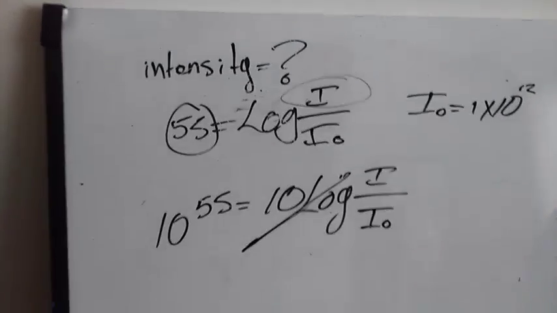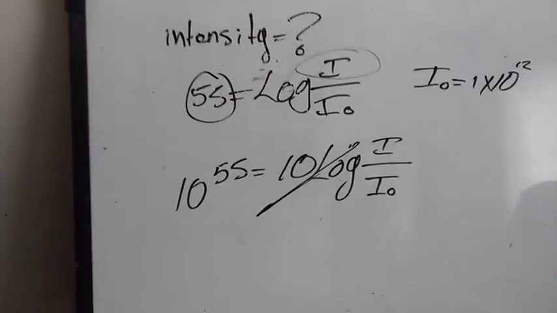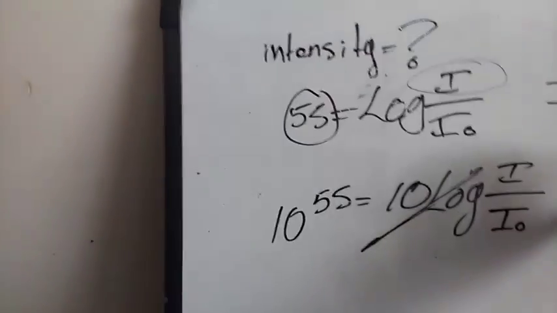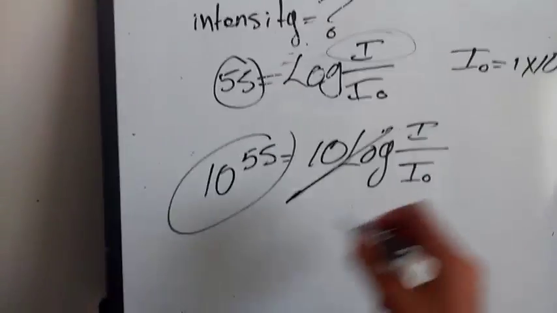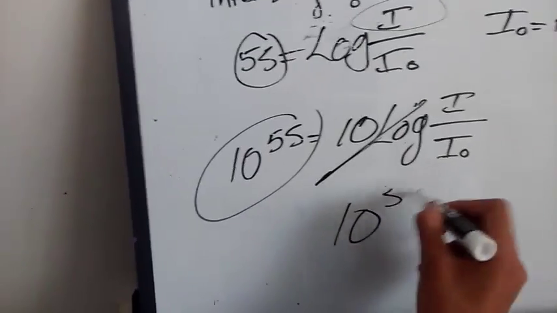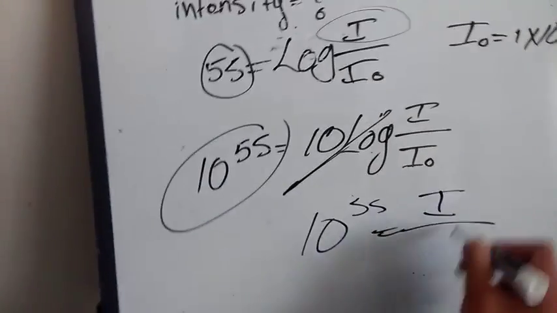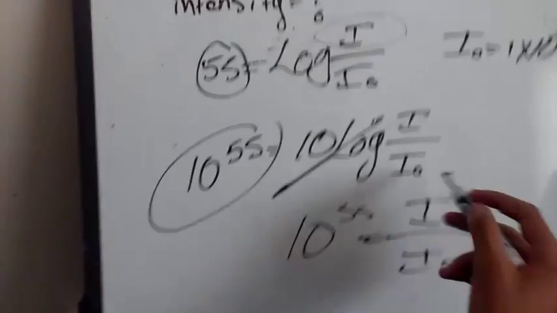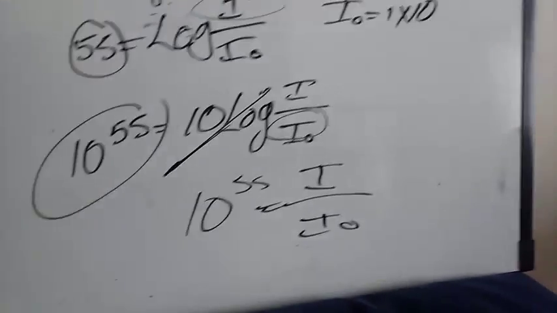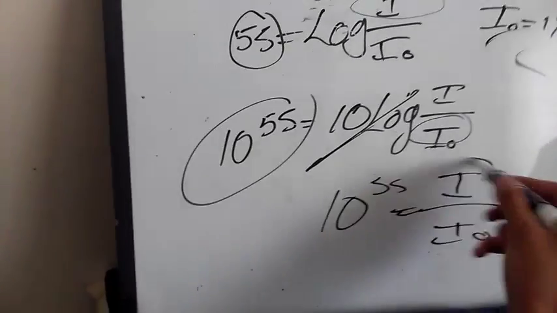After this we use logarithmic tools to get rid of this logarithm, and we have to find this number, and this number is equal to this. The initial I we already have because it is a constant, so from that we have to solve for the I.